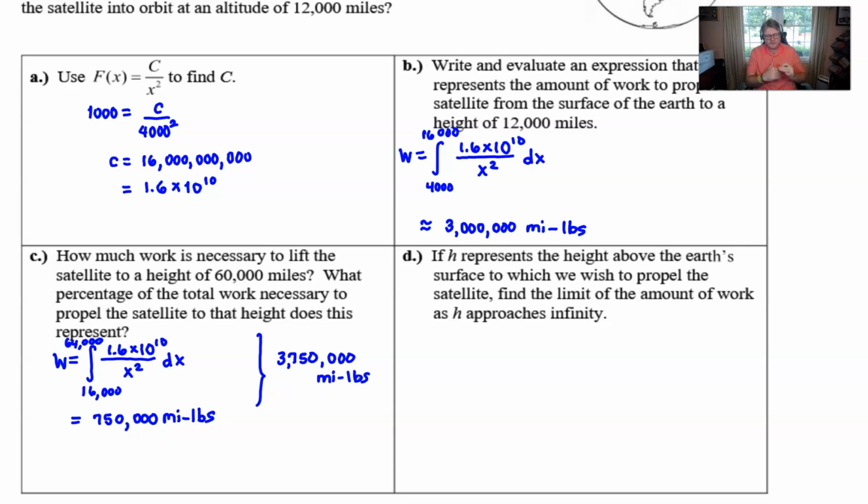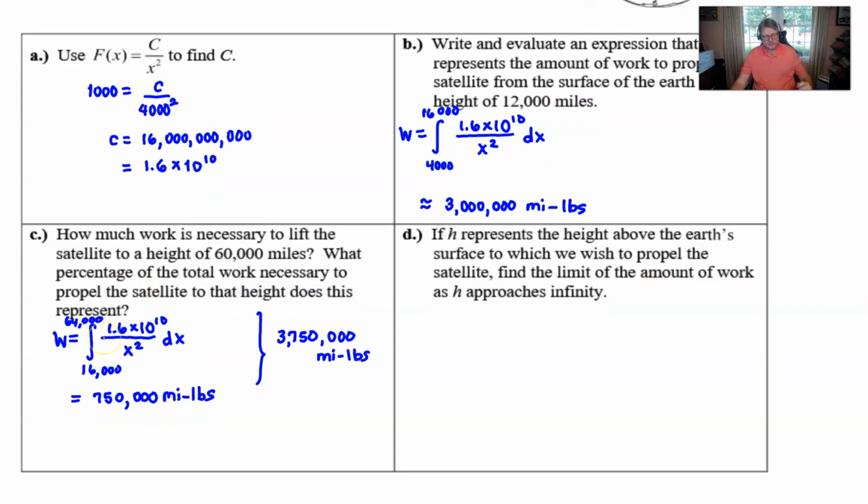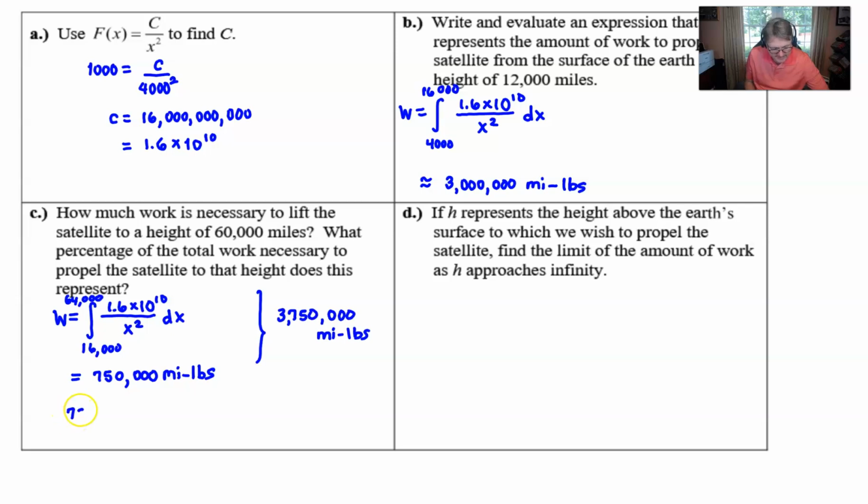Now, if we want to figure out what percentage of work was necessary just to propel the satellite to this height, then we could say that, well, we got the 750,000, right? That's going to take it just from 16,000 to 64,000.